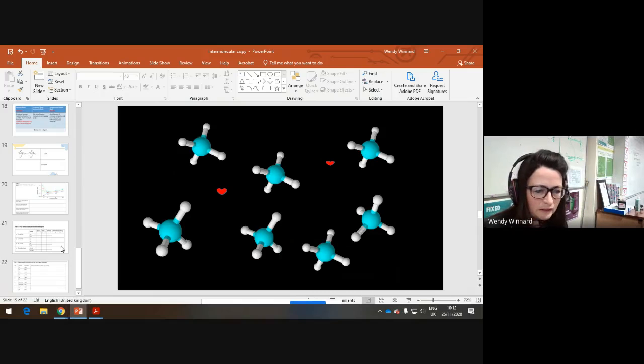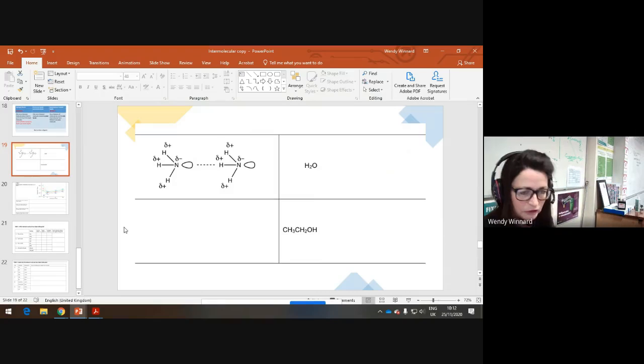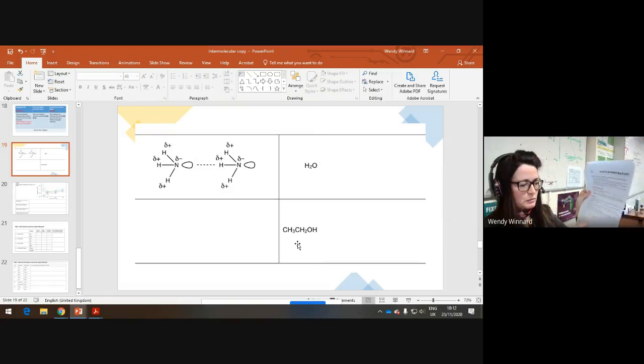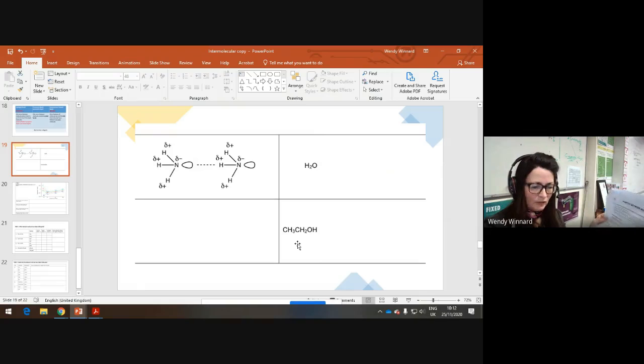In your pack, there are some questions on forces between molecules, and on the very first page it's got hydrogen bonding.